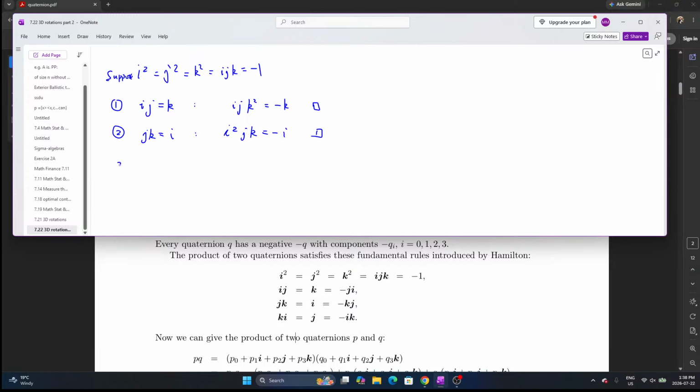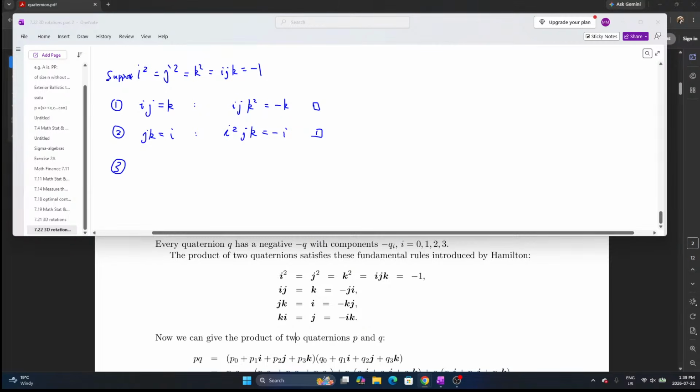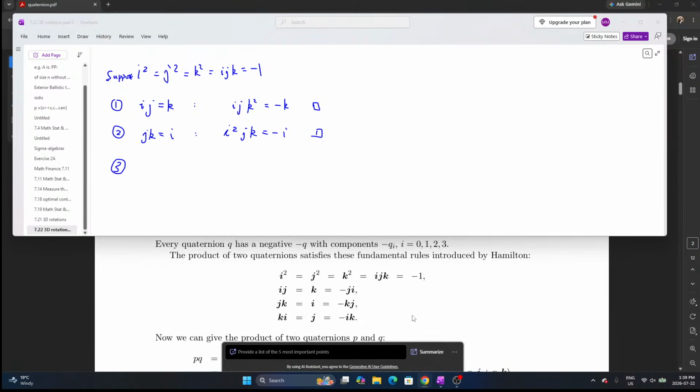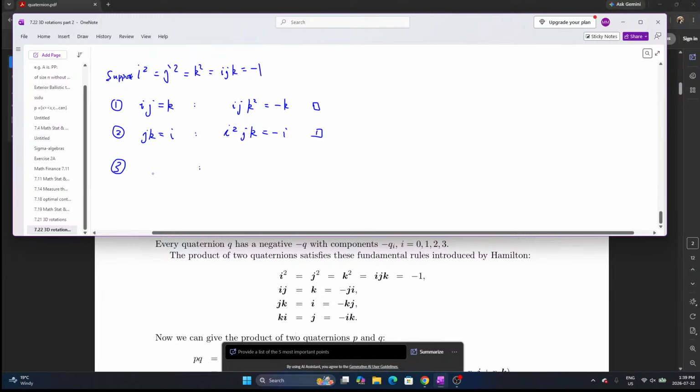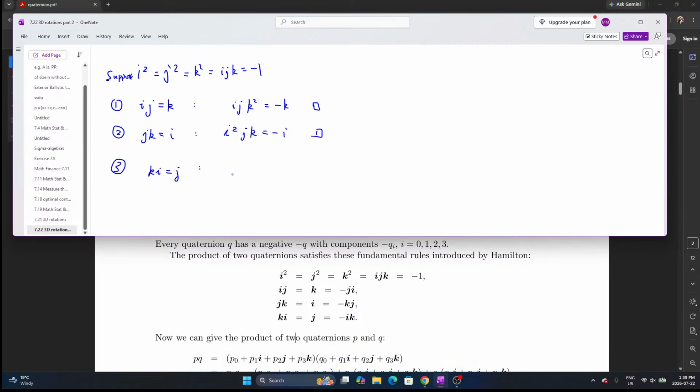Third, say we want ki equals j. How do you derive it? Ki should be j. Well, we can use the expression for k now, right?